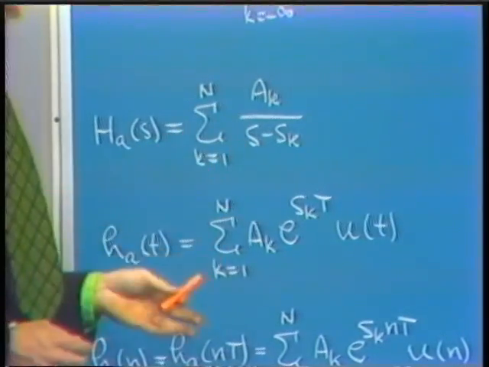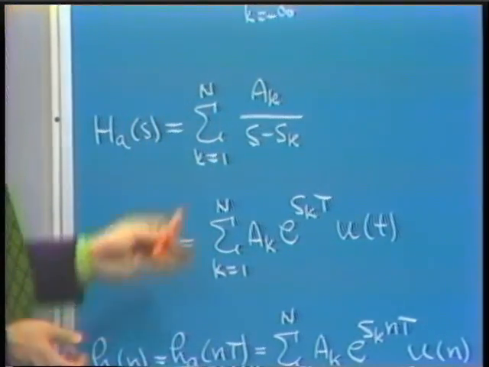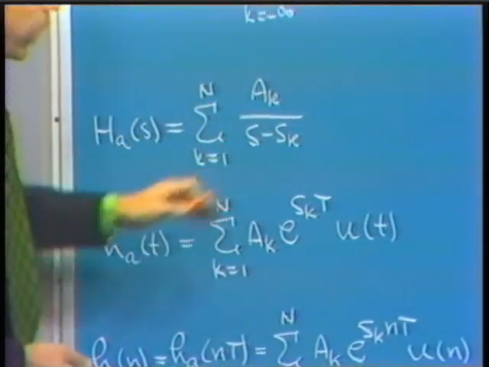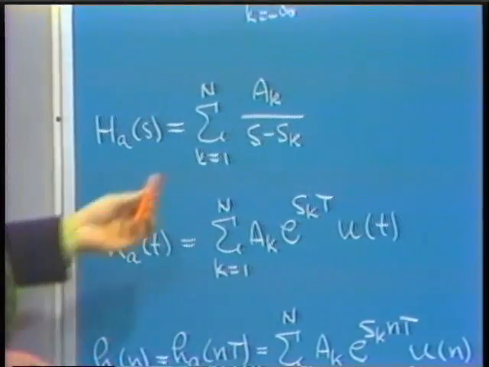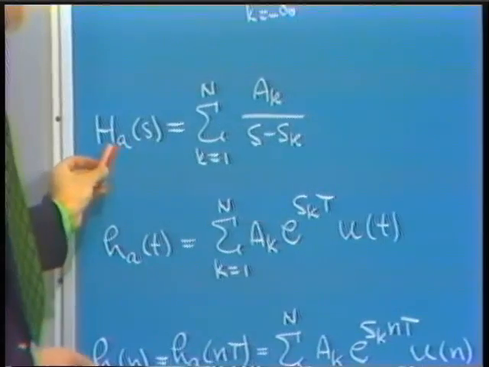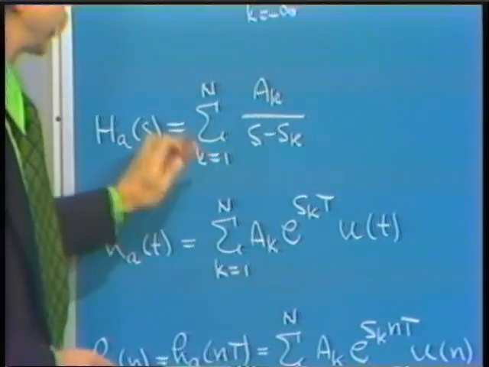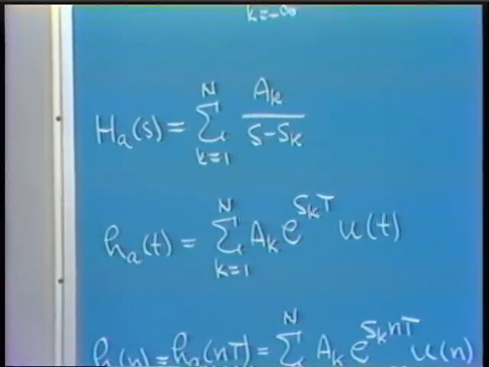If there are multiple order poles, this expression is slightly more complicated, and what I'm about to say can be generalized to that case, but let's consider it here just for the case of simple poles, so that the system function, in fact, can be expanded out in the form that I have here.